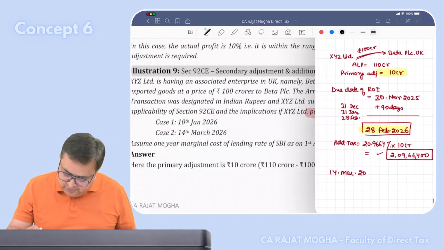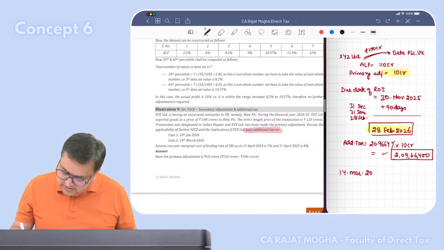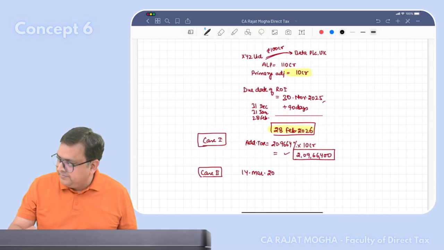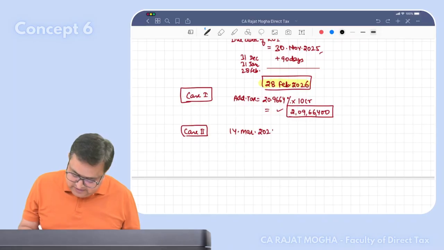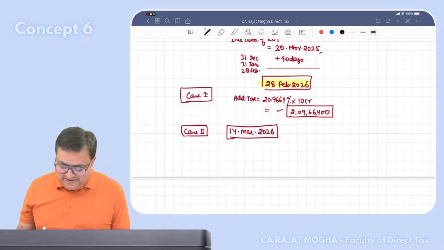What was the due date for this? Correct, 30th September. You are making the additional tax payment on 14th of March 2026. Why am I saying bringing the money again and again? You are making the additional tax payment.